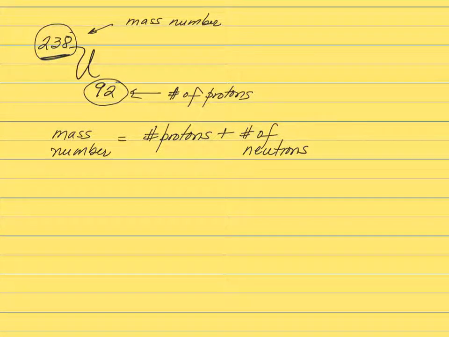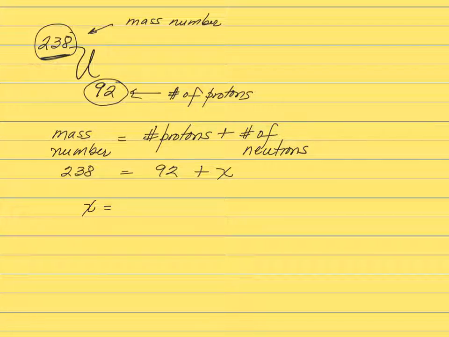So if the mass number is 238 and I have 92 protons, how many neutrons do I have here in uranium 238? Do the math. How many do I have? No, Miss Ramos.